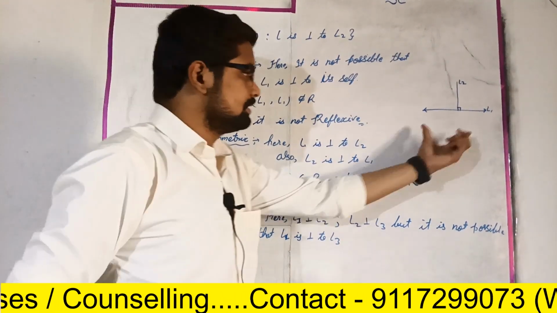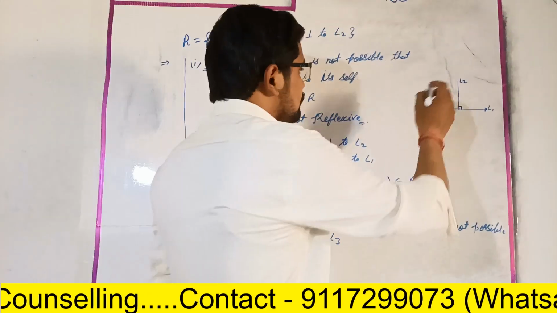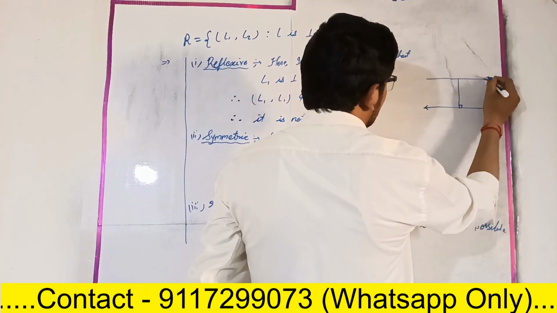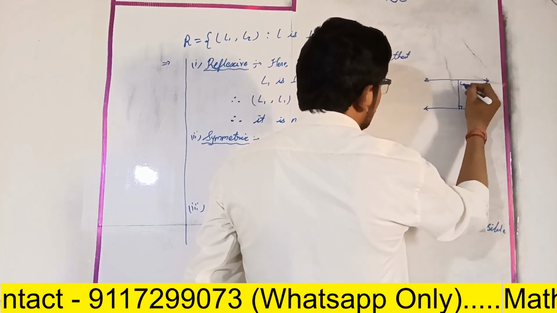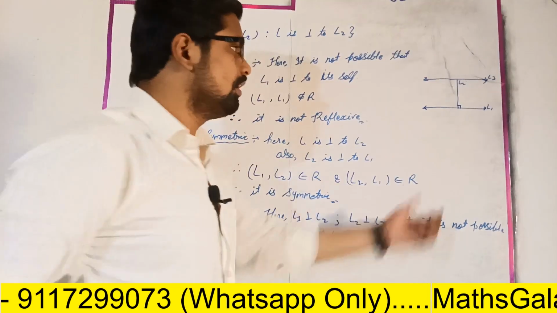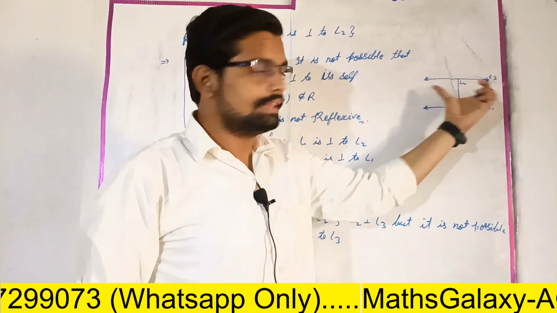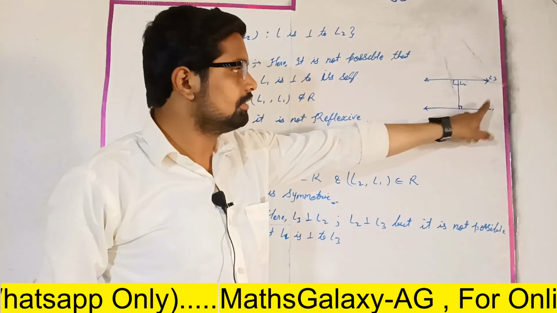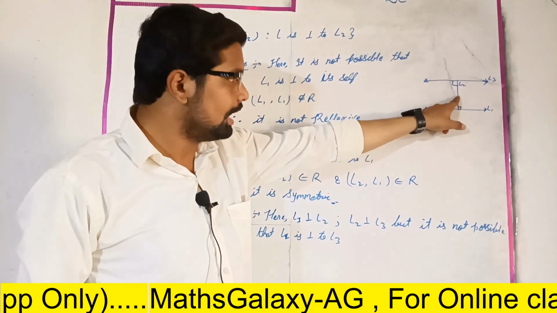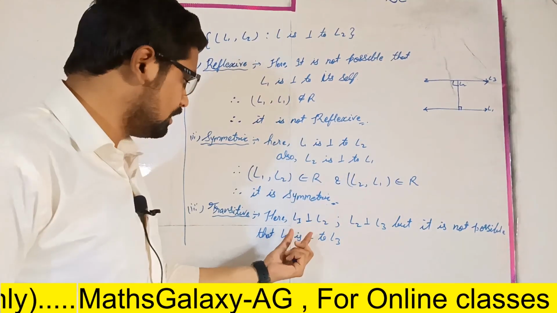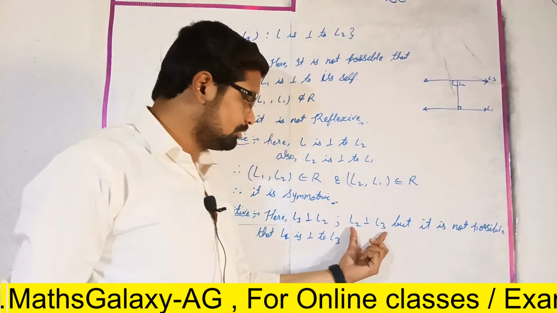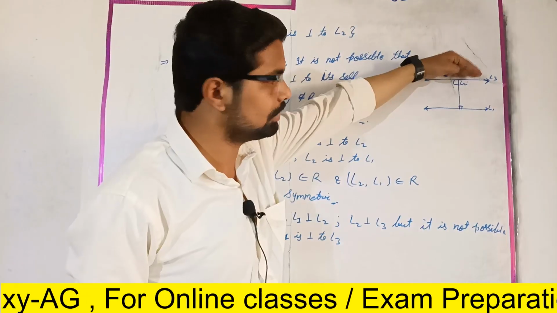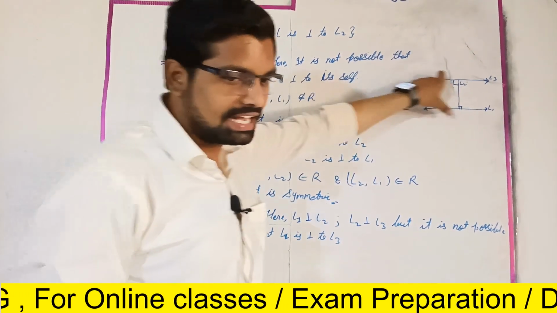See here, this is L1 line, this is L2 line. Suppose we take another line L3 which is perpendicular to L2. This horizontal line is L3, which makes 90 degrees with L2. As you can see, L1 makes 90 degrees with L2, L2 makes 90 degrees with L3, but L1 will not be perpendicular to L3; they will be parallel lines.